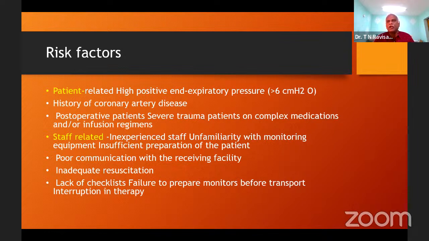See to it that your respiratory system and the cardiac system are proper, at least 10 minutes in the primary hospital. Before shifting on to the stretcher, see to it that the monitor, the oxygen supply, and the ambulance are perfectly ready. More than that, the personnel accompanying the patient should have adequate knowledge about the patient, handling the equipment, and taking care of emergencies. That's a very, very important thing that we need to know.